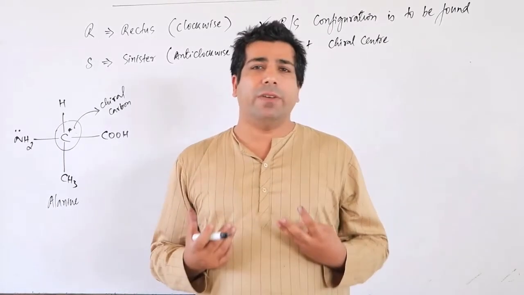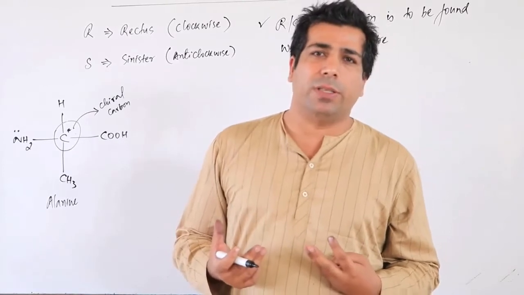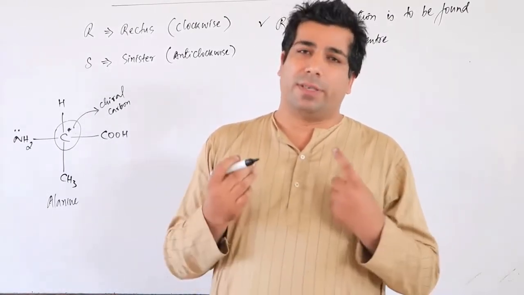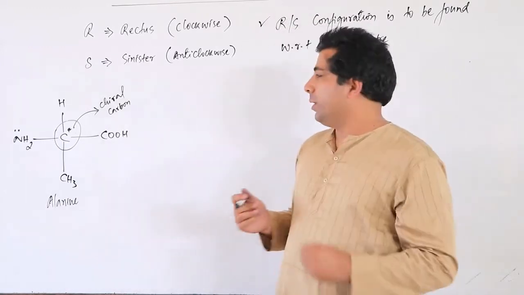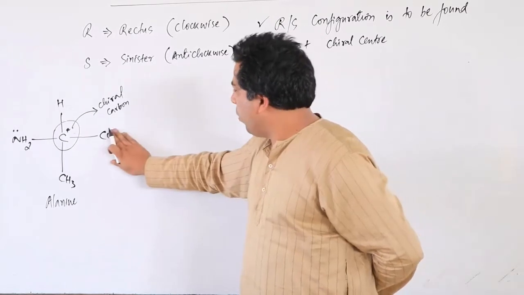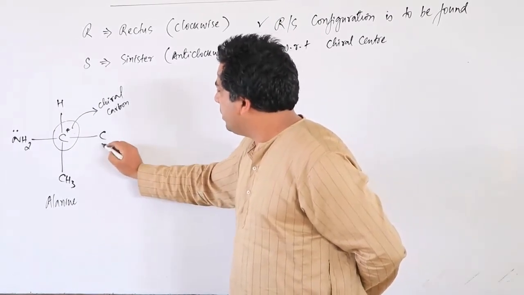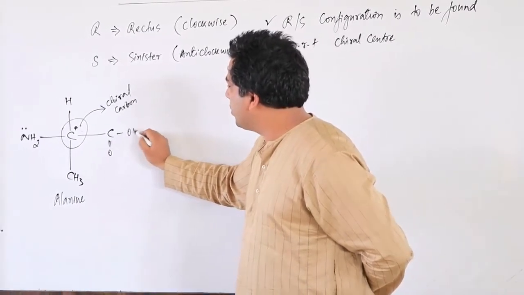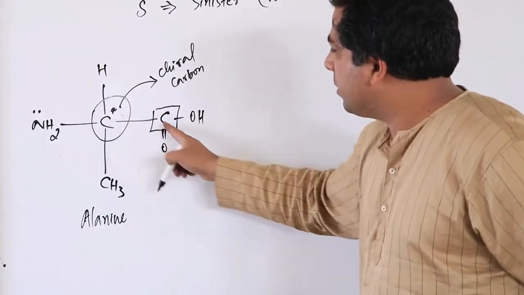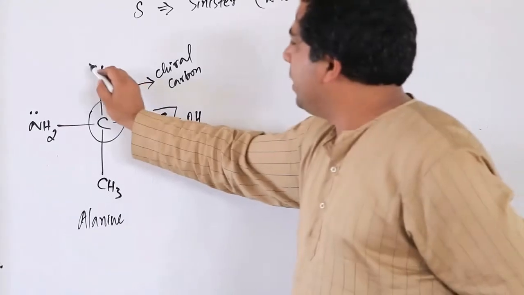How do we give the numbers to these groups? Based on their decreasing atomic numbers. So have a look. Let us suppose this is the carbon with me. If I open up this group, it will be C double bond O and OH. Which atom is directly linked to the chiral carbon? This C is directly linked. Here, hydrogen is directly linked.